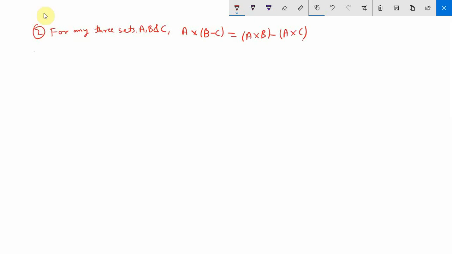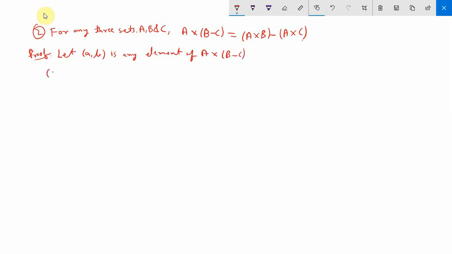Okay, so we will see the proof of this one. Here also we will follow like the previous one, same procedure. Let (a, b) be any element of A × (B − C).